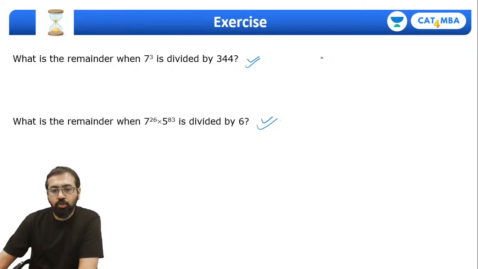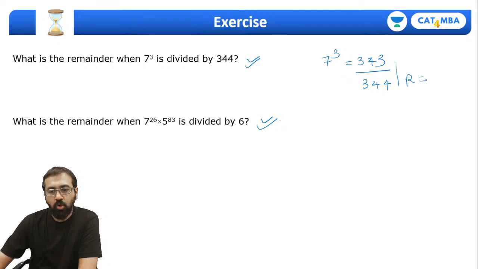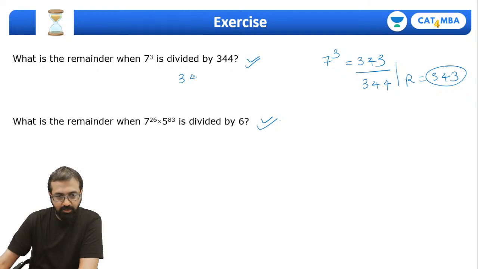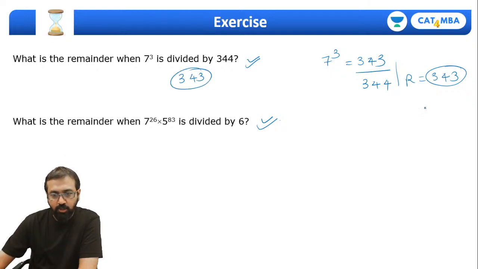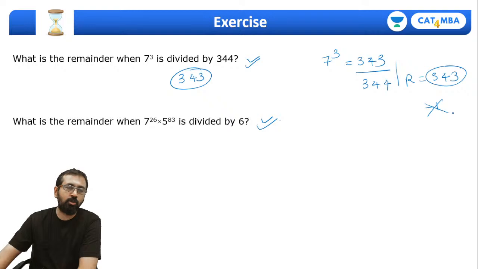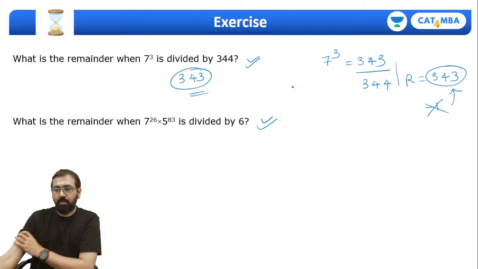Can I say 7 cube is 343? So 343 divided by 344, remainder will be -1 or 343 itself. So here you just need to write the answer as 343, because we don't write -1 in the answer. You will not find a negative answer. You will always have to write a positive answer. So this is a simple question.